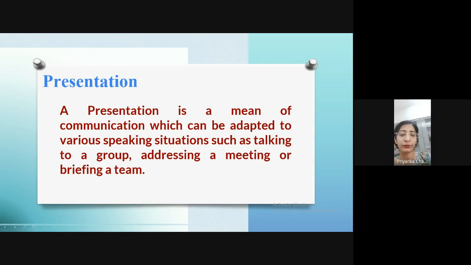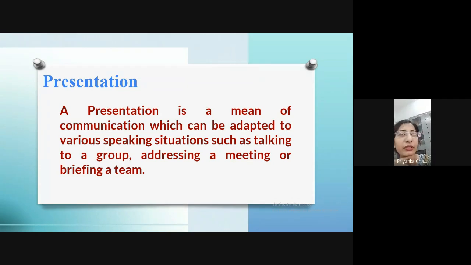Suppose my name is Dr. Priyanka Chawla. I am senior assistant professor at Prestige Institute Indore. My education qualification includes MBA, PhD, and postdoc. My hobbies are car driving, dancing, listening to music.